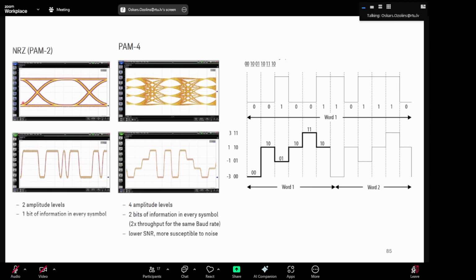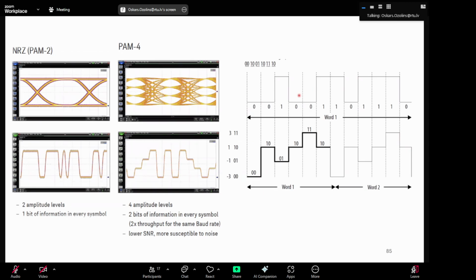If you look at separate bits, it looks like this. If we look at the PAM4 eye diagram, it looks like this with all the transitions. You get these three transitions, so you get a line like this here.